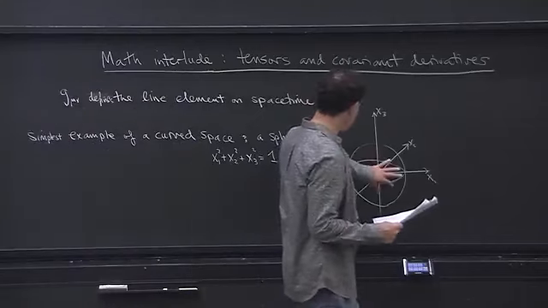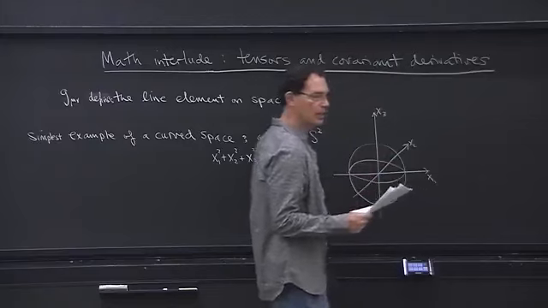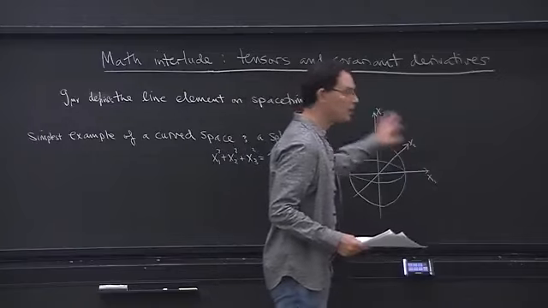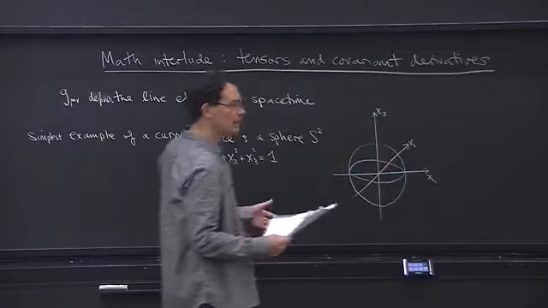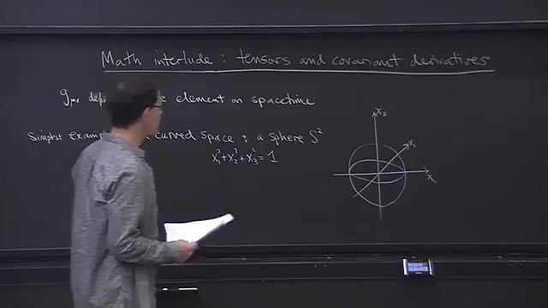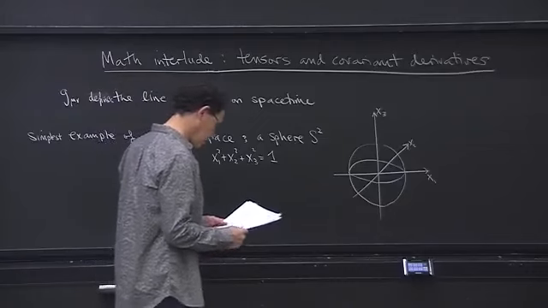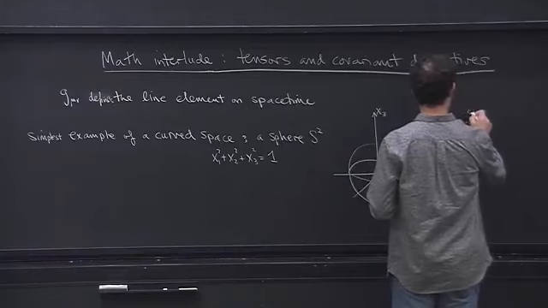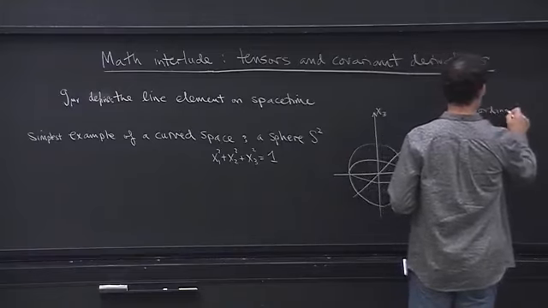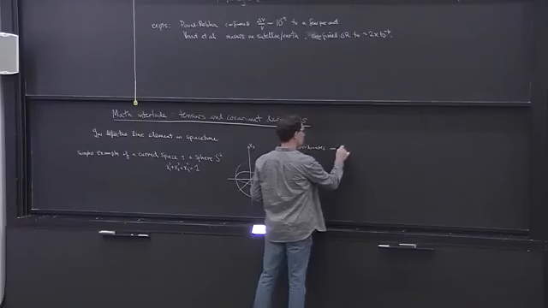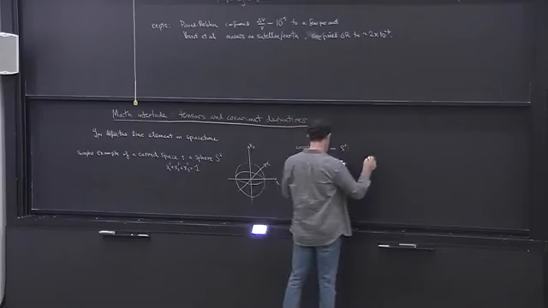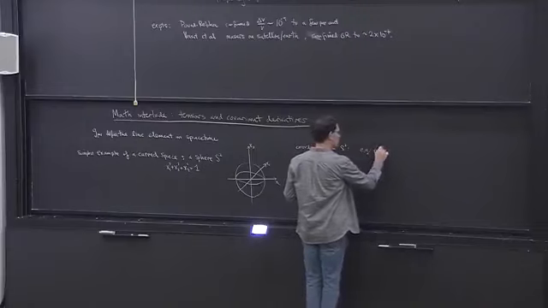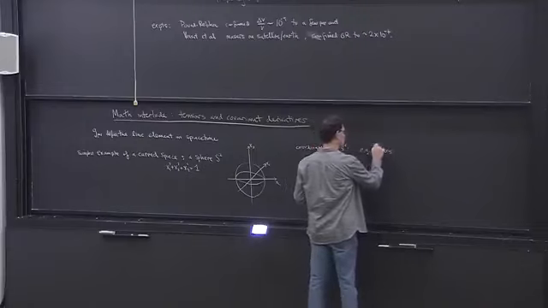We want to describe the geometry of this 2-dimensional sphere, preferably without referring to the space it is embedded in, which is in this case 3-dimensional flat space. So one way to describe that, so coordinates on S2 are, for example, spherical polars.